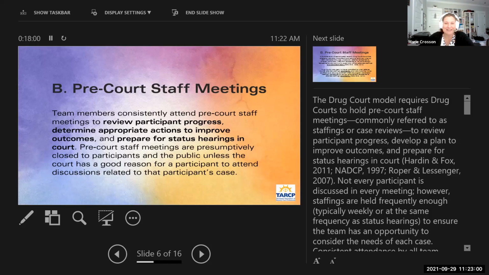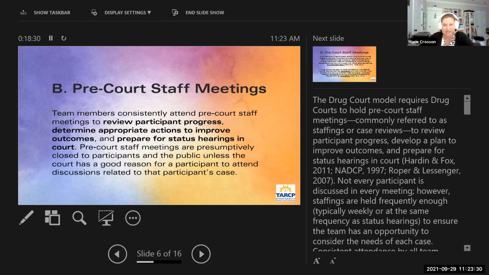And so the pre-court staff meeting is really designed for you to put your game plan together based on the information that you have, so that when you go out and the judge and perhaps other team members interact with the participant, you are focused on making sure the participant knows what's up. They are doing well, or they're not doing well, and these are the outcomes because of that.